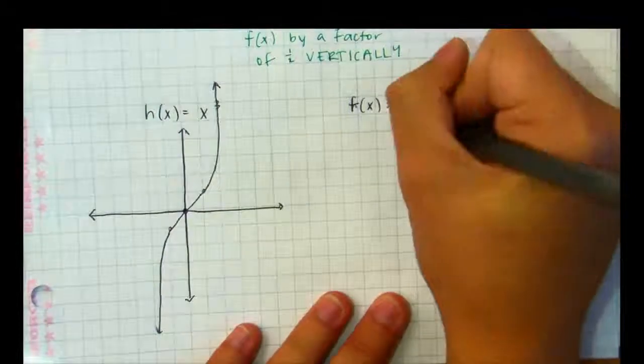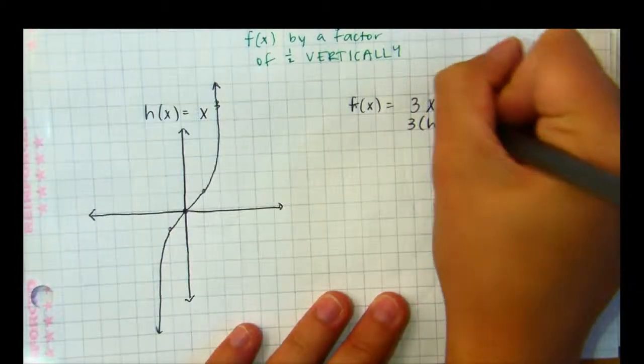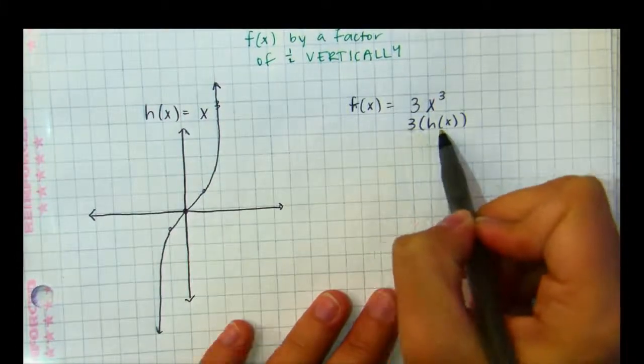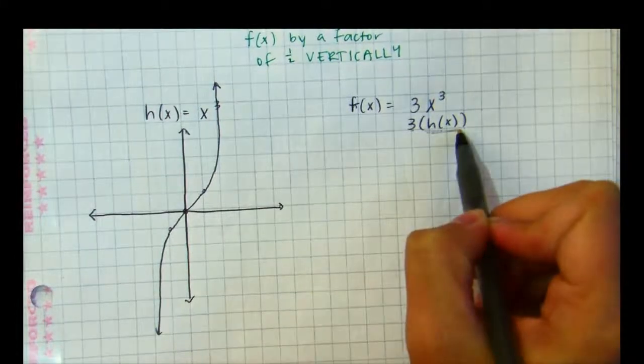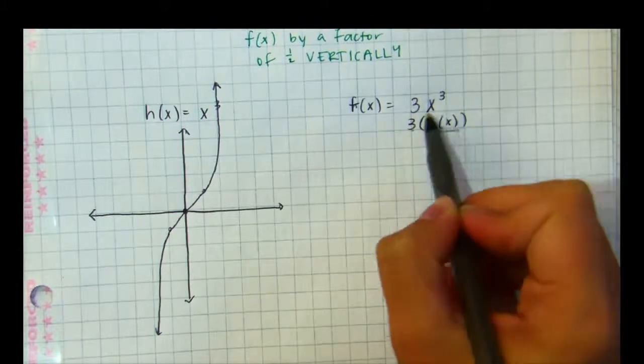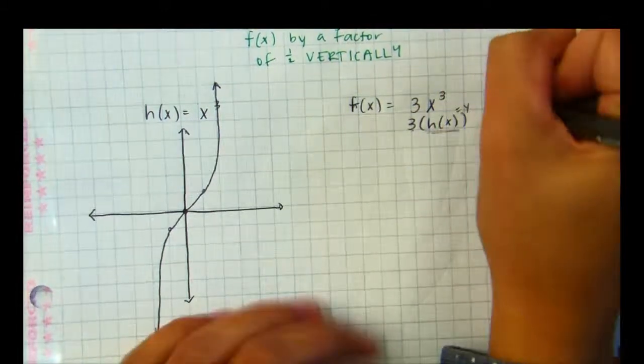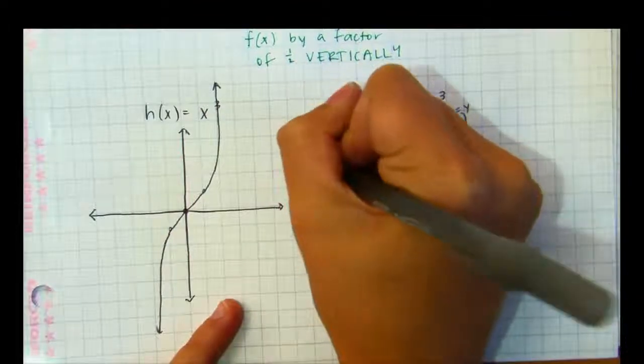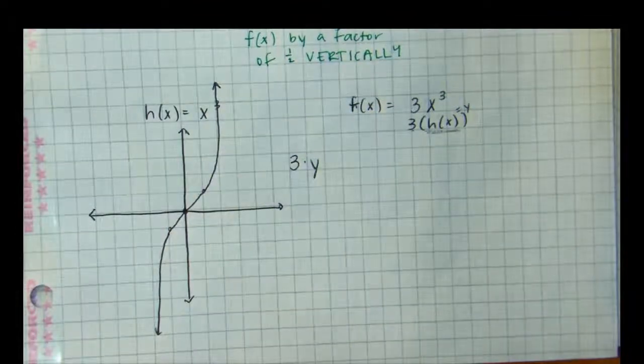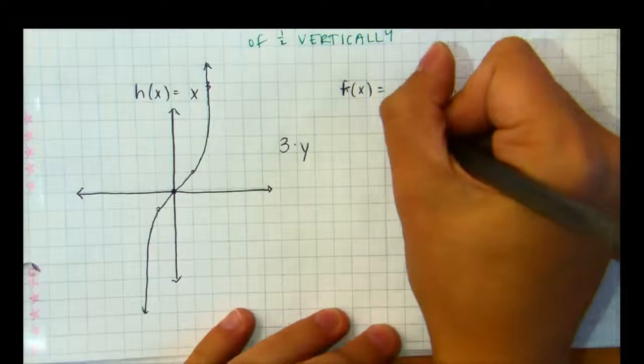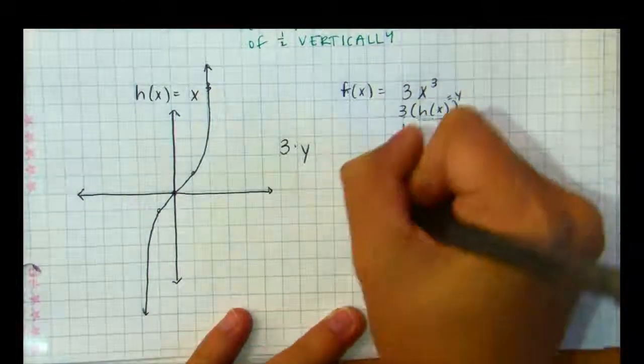So this is taking 3 times my function. My 3 is on the outside. I'm multiplying it with h of x. Remember, whatever this function is, that's equal to my y values. So in this case, I'm multiplying my y values by 3. Let's take a look at what this graph is going to look like.